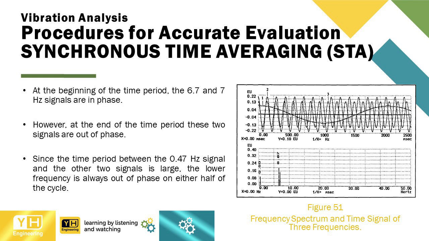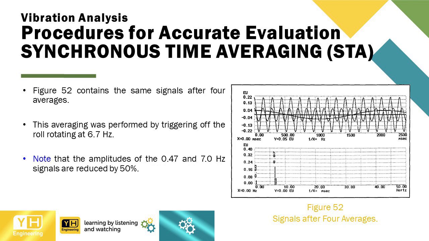At the beginning of the time period, the 6.7 and 7 Hz signals are in phase. However, at the end of the time period, these two signals are out of phase. Since the time period between the 0.47 Hz signal and the other two signals is large, the lower frequency is always out of phase on either half of the cycle.